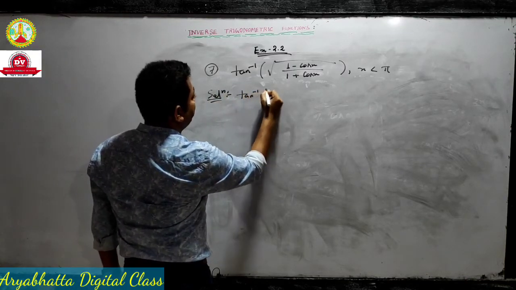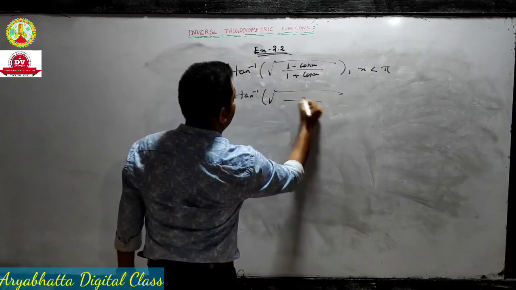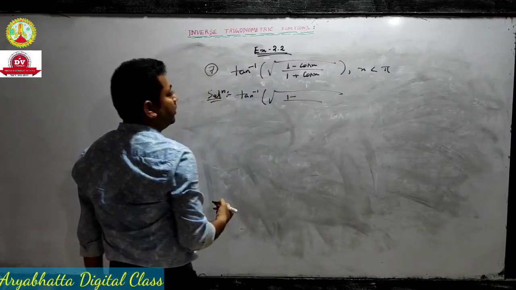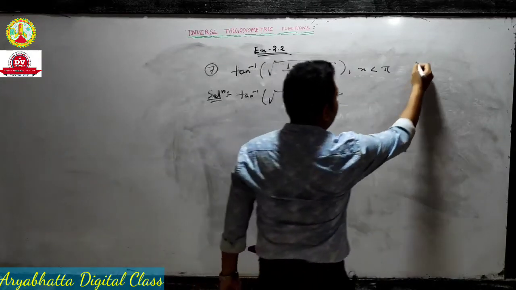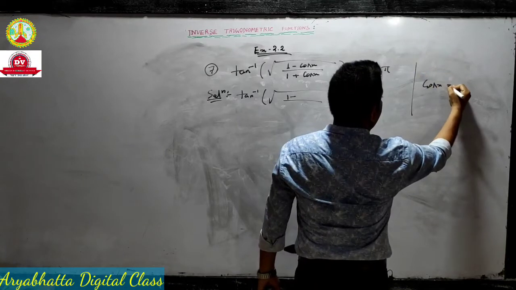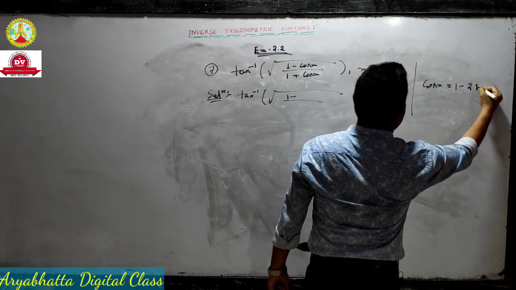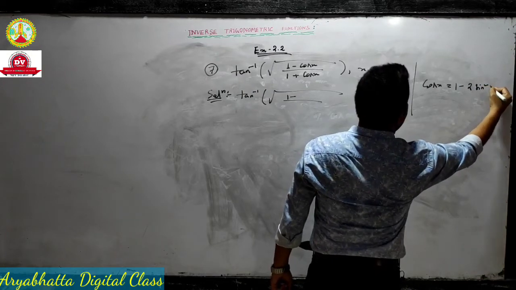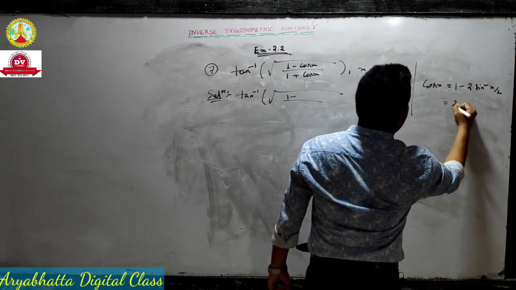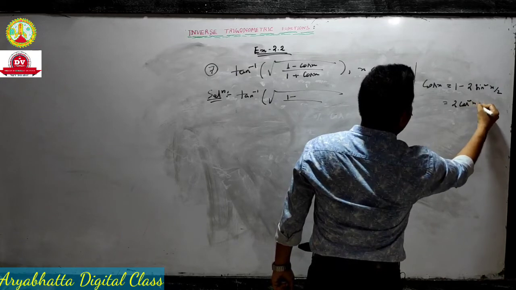Tan inverse bracket start root 1 minus cos x. We know that cos x equal to 1 minus 2 sin square x by 2 or 2 cos square x by 2 minus 1.